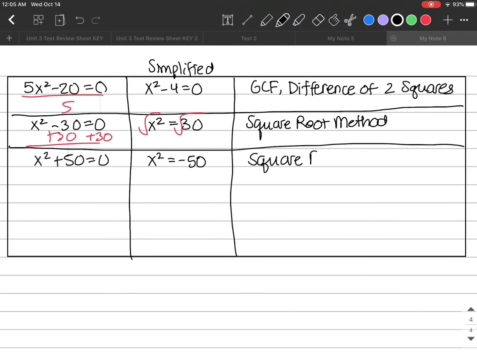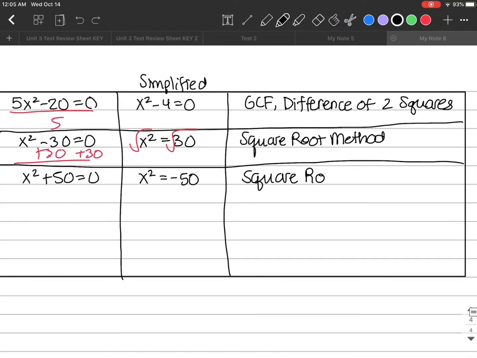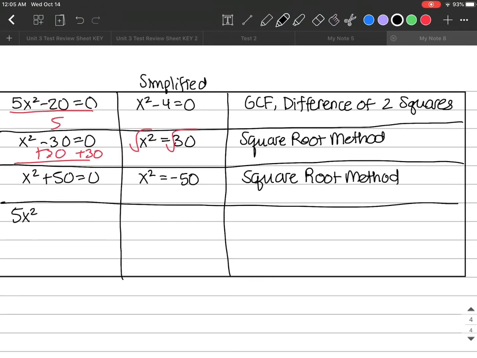So this is, again, the square root method.